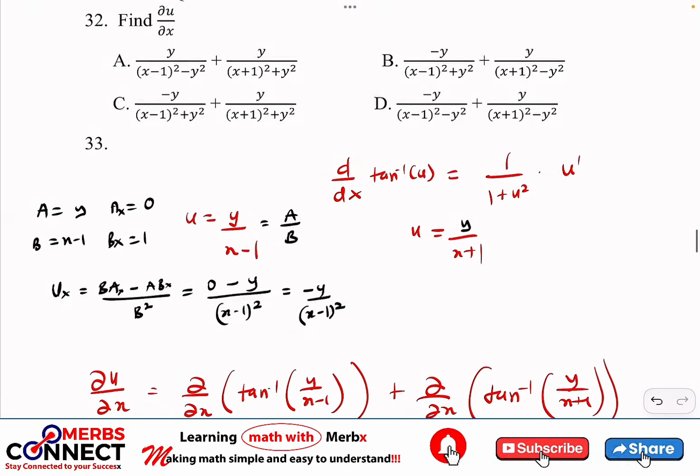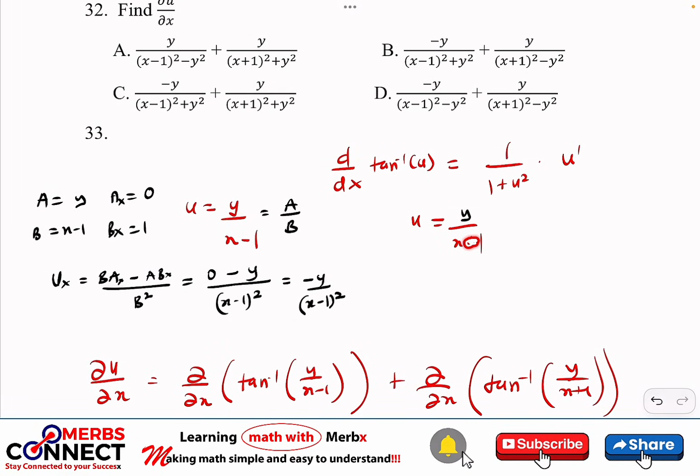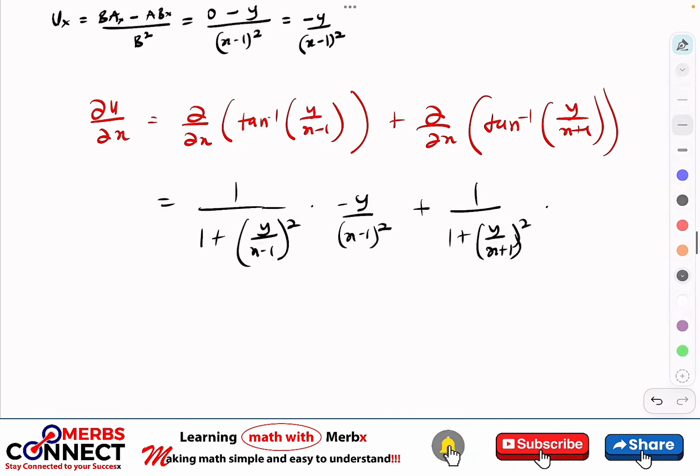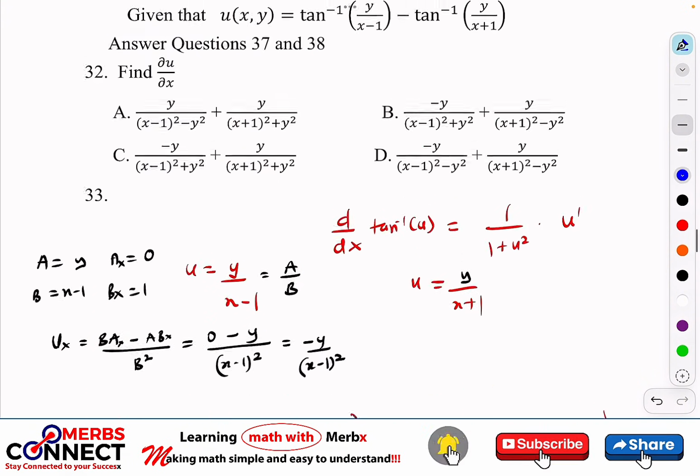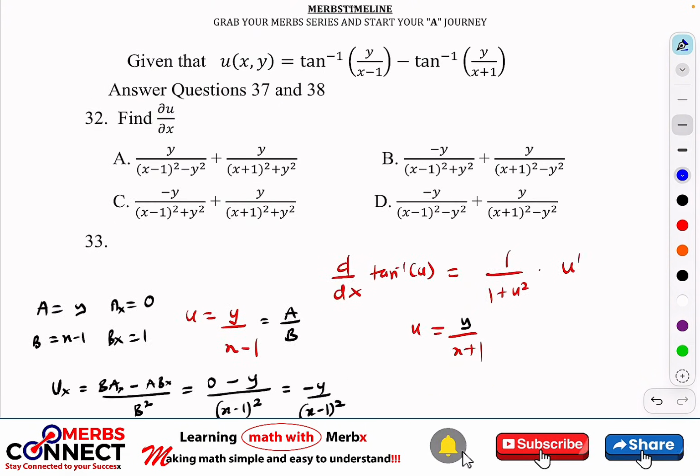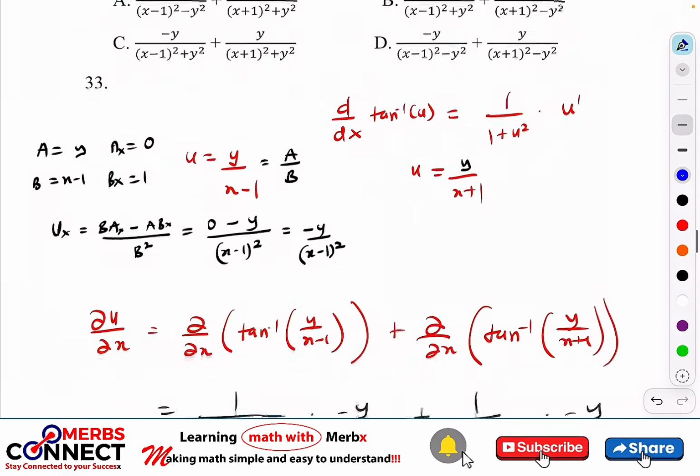But now, this one, x is positive. So if we are doing the same thing, this will just be positive. This will still be 1. And this is just going to be positive. And still, this is going to be minus there. So this is just going to be minus y divided by x plus 1 all squared. The rest is simplification.